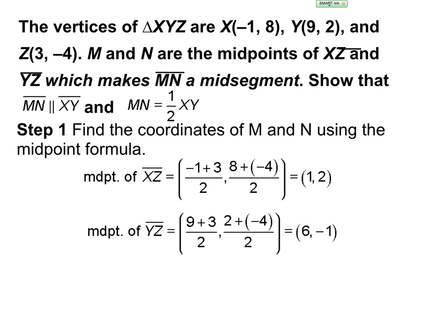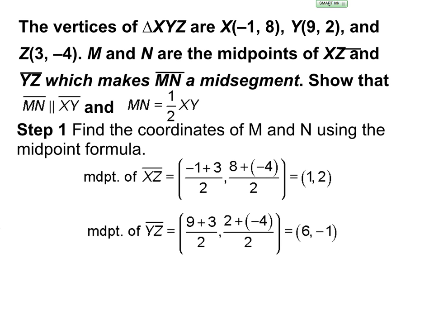It's going down. MN, its slope. Subtract the Y parts for the numerator. Subtract the X's in the same order for the denominator. 3 over -5, so -3/5 for that also.